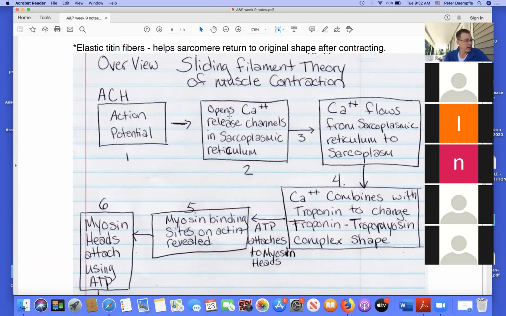The earthquake is the nerve shaking up the muscle. And step two, what happens when a nerve shakes up a muscle? Calcium is released from the endoplasmic reticulum of the muscle. If you look on figure 14.25, the blue stuff is the endoplasmic reticulum of the muscle.